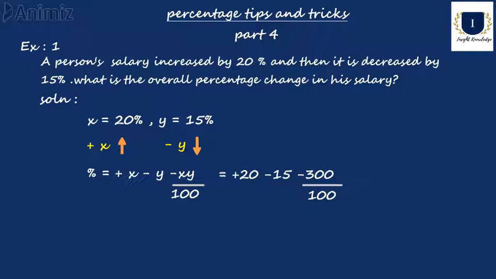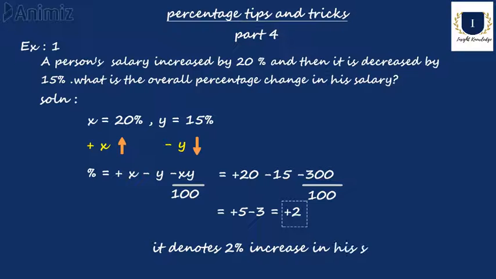So by reducing, you will get plus 20 minus 15 is plus 5 and minus 3, because 300 by 100 is 3, right? So plus 5 minus 3 is plus 2. So the overall percentage change in his salary is increased by 2 percentage. Are you clear, students? Let's go to the next example.